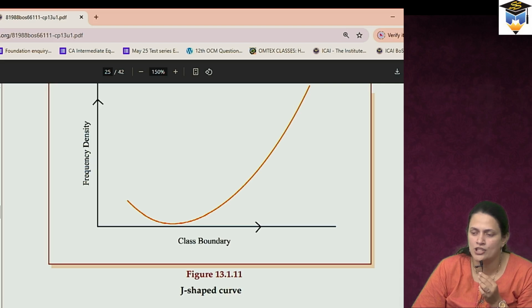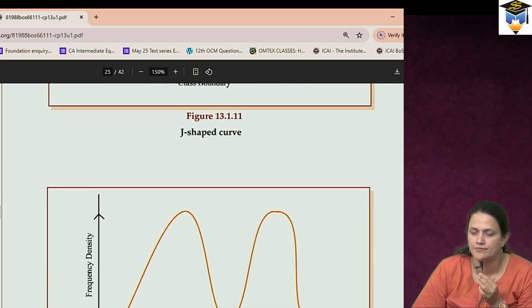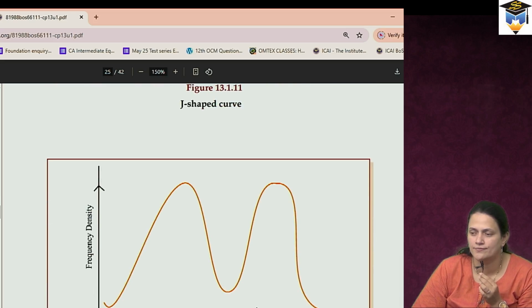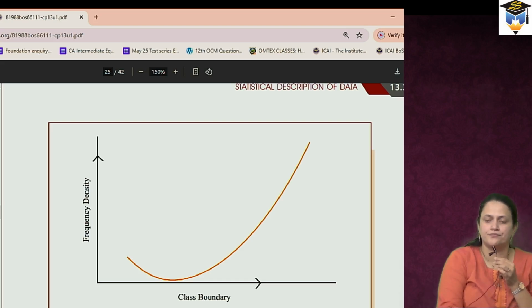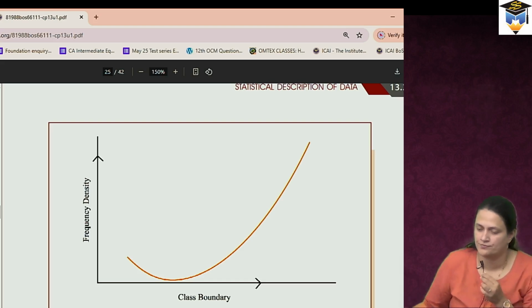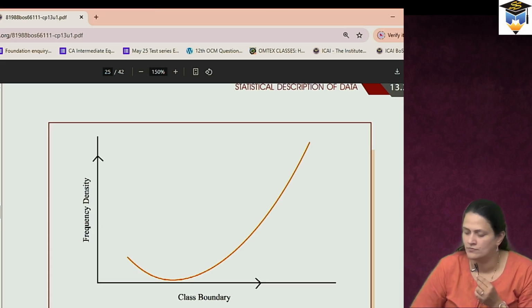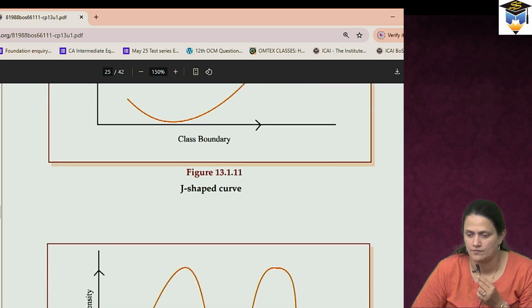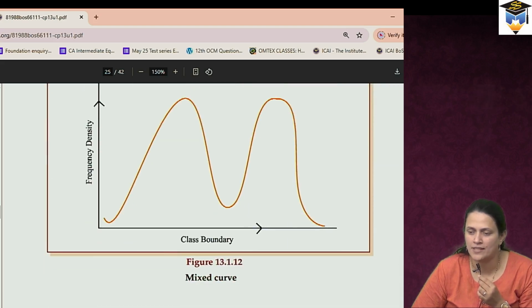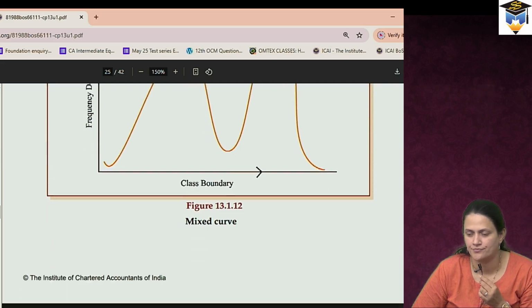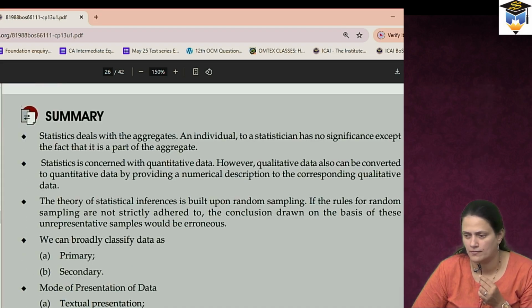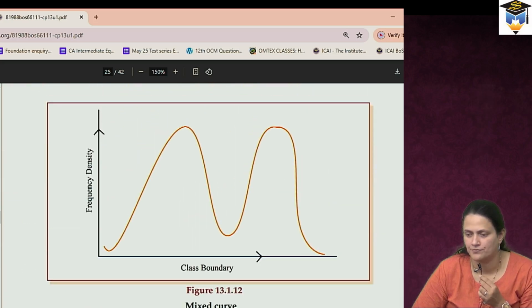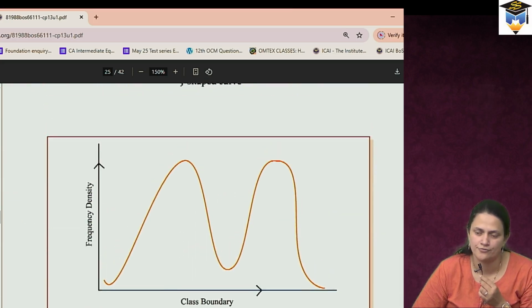This is a J-shaped curve. Done? Now next comes a mixed curve. This is a mixed curve.